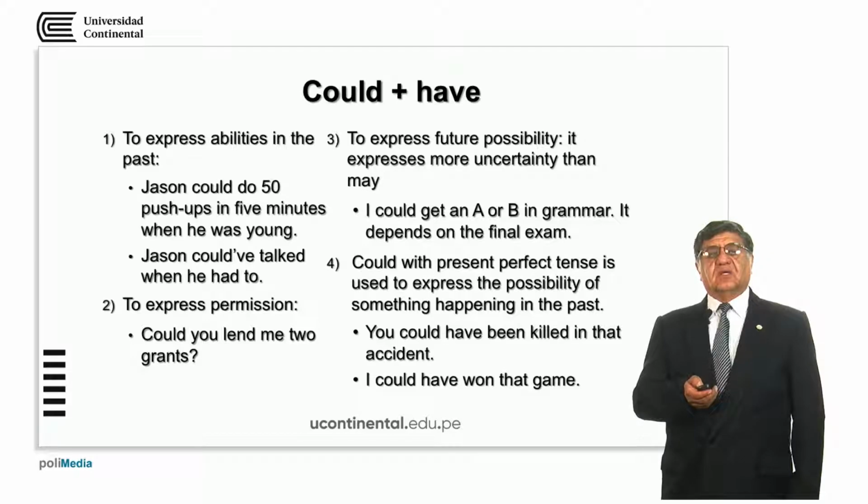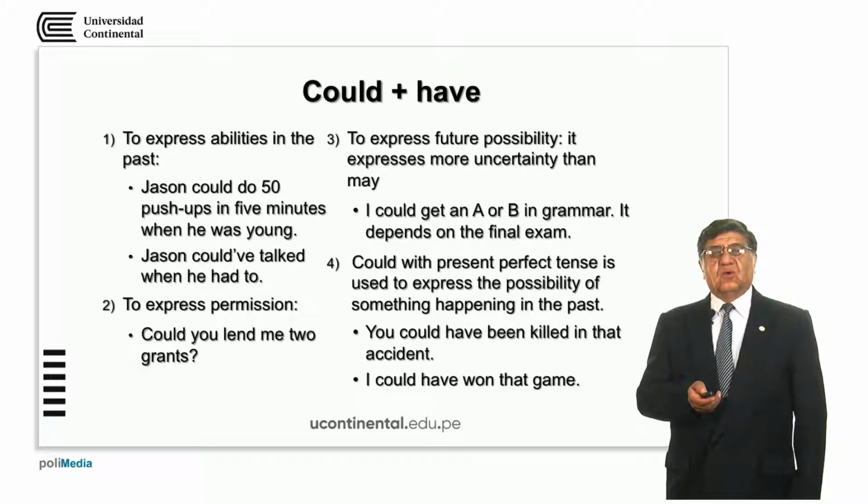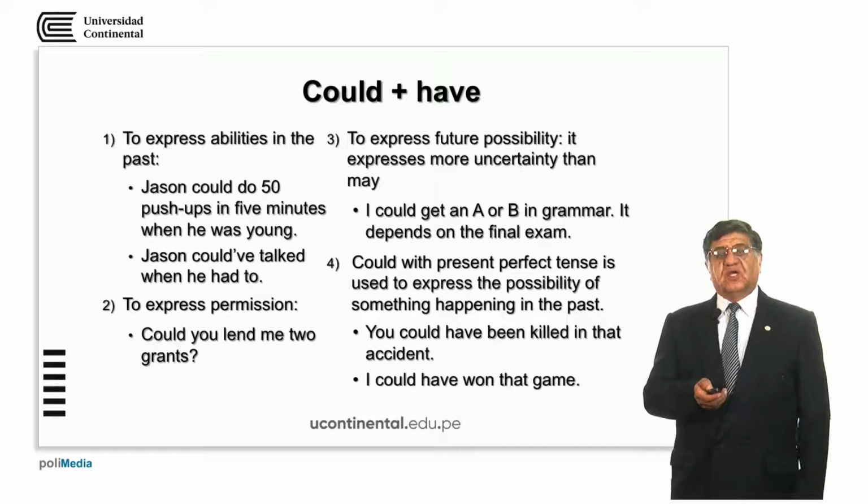Okay, in the present perfect tense, that is what we are saying, we can use could and have. Okay, the first sentence means that there was an accident, and in the accident, a person had the possibility of being killed or resulting in a corpse. Okay, so they say, you could have been killed in that accident. Or something, I could have won that game.